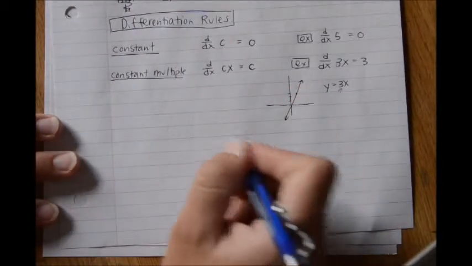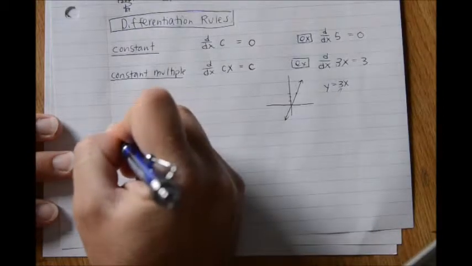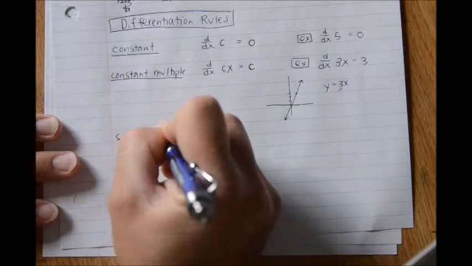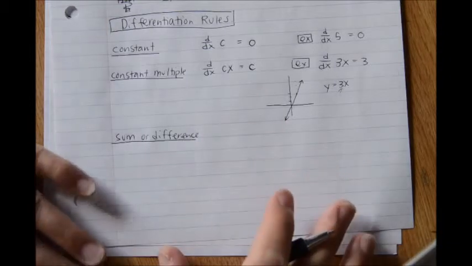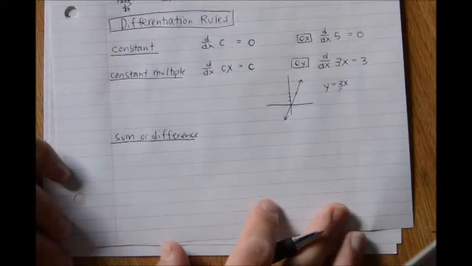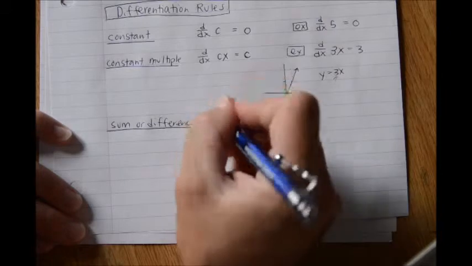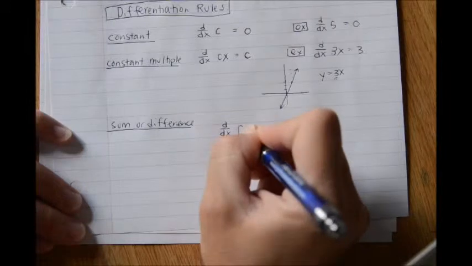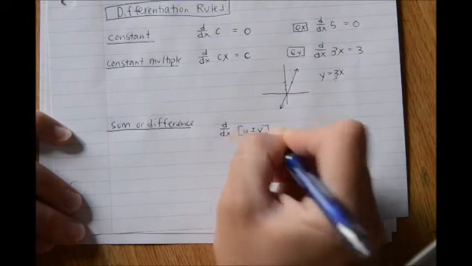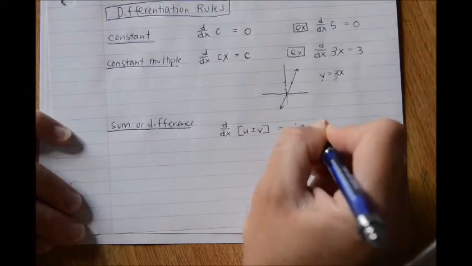So let's see, the next one that we're going to talk about is called the sum or difference rule. Okay, so if you have a sum or a difference, you can actually take the derivative of each of those separately to find that, or you can add them together first. So, for instance, if I'm going to take the derivative of u plus or minus v, then it would just equal the derivative of u plus or minus the derivative of v.